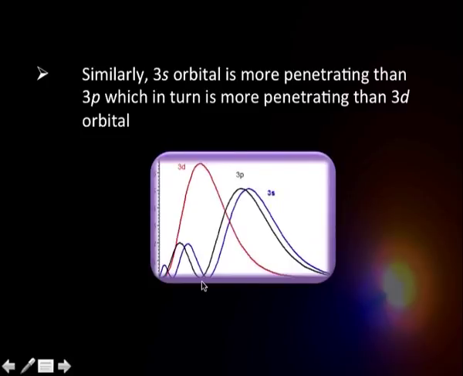Again the same argument holds, and the energy of the 3s orbital will be less than that of 3p, which in turn will be less than that of 3d. So this penetration effect of the orbitals is a very significant reason for the difference in energies.